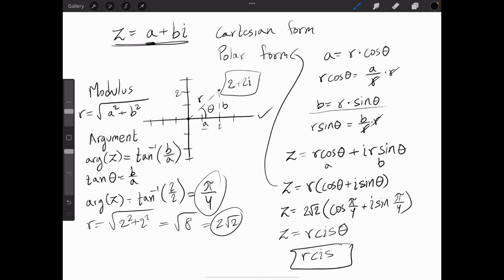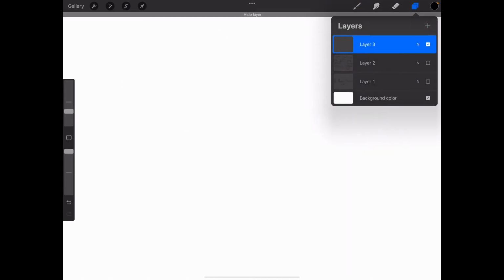Let's look at multiplying polar form points. So let's open a new page. Polar form again is z is equal to r times cosine theta plus I sine theta, right? So let's look at multiplying two different polar coordinates in complex numbers.